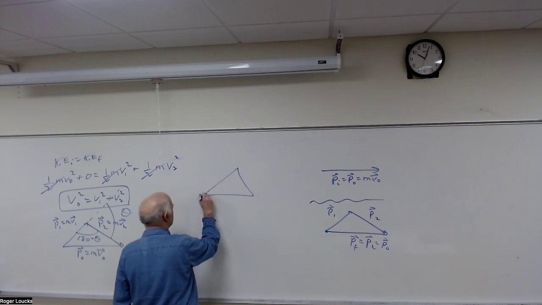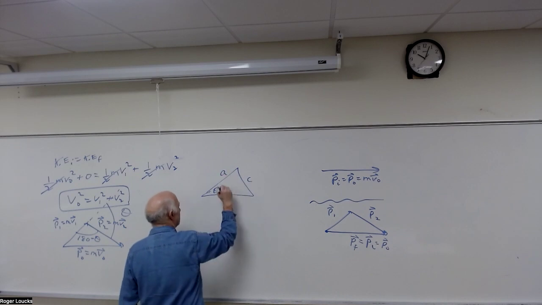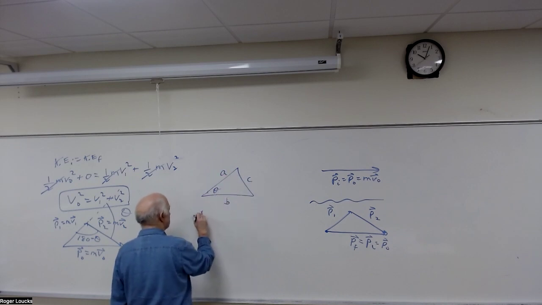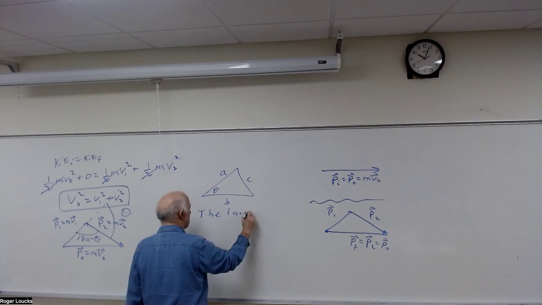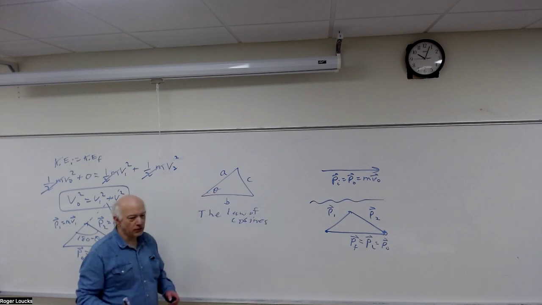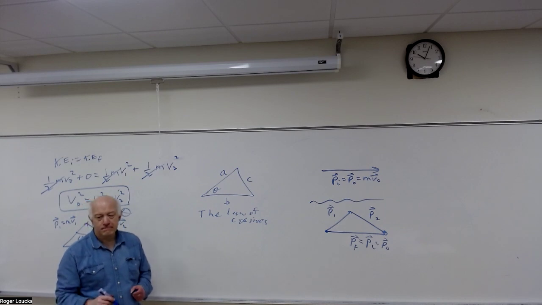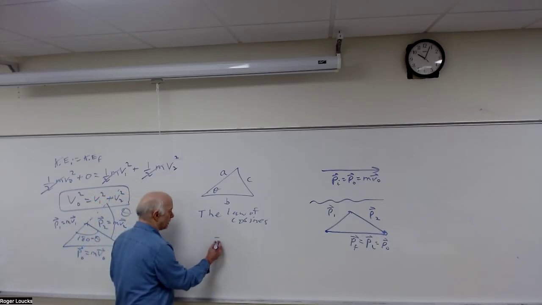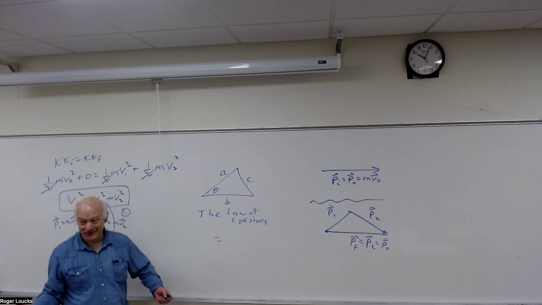All right, so here's theta C A B. What is the law of cosines again? Give me a hint, there is an equal sign. It's like I gave it away.